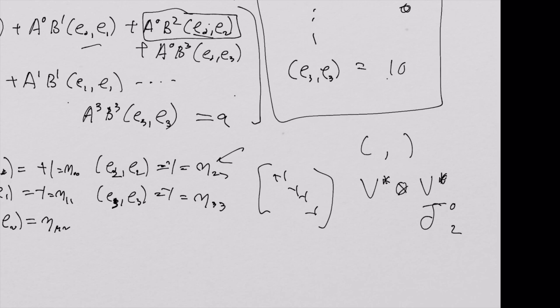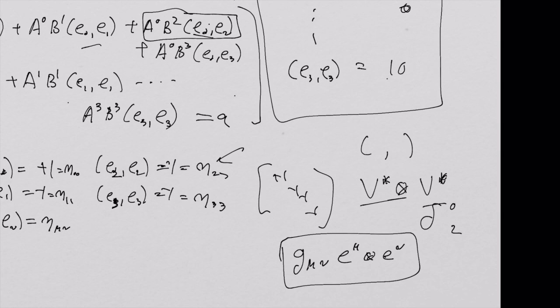Isn't there a tensor in T0,2 that looks like G mu nu E mu E nu? That's a tensor, a mapping that lives in this tensor product space that should take two vectors and give you a real number, right?